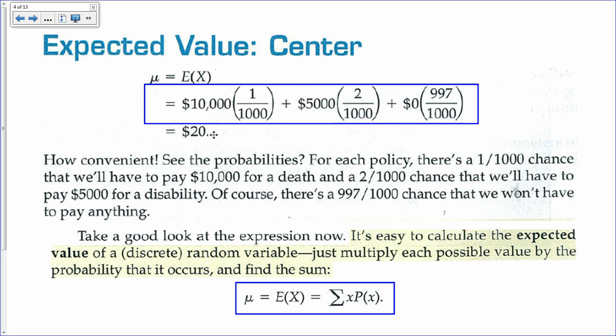Okay, and these types of calculations are done all the time on insurance costs, whether it's health insurance or life insurance. This type of math is done very frequently in business, and it's a very useful tool. Now, if you want to look at it using a formal equation, using the sigma notation, it is the value times the probability of that value, and you add them all up.